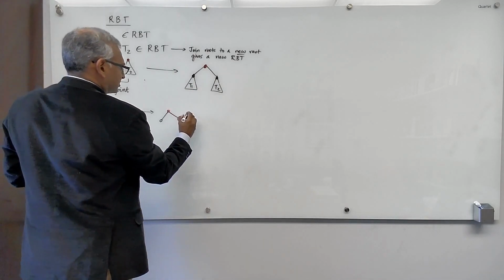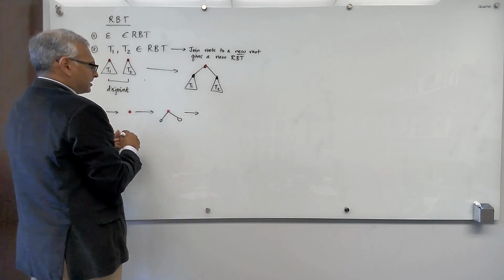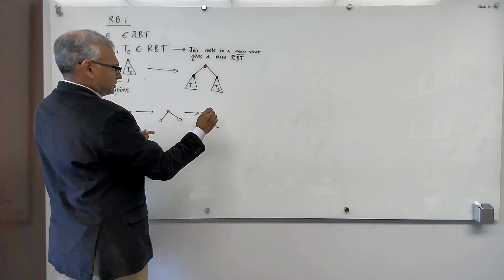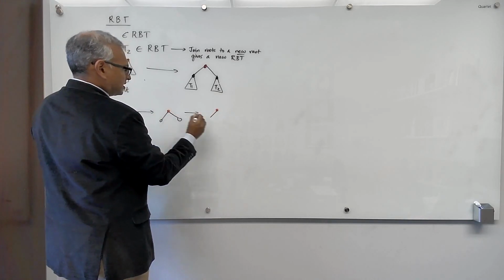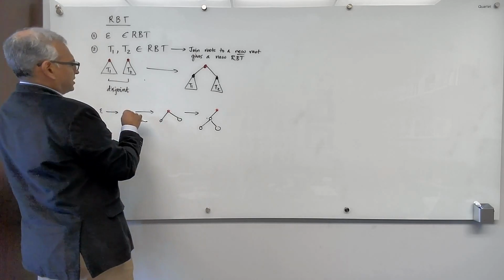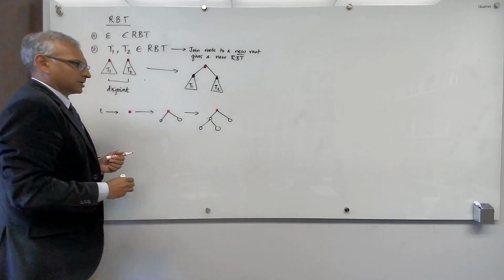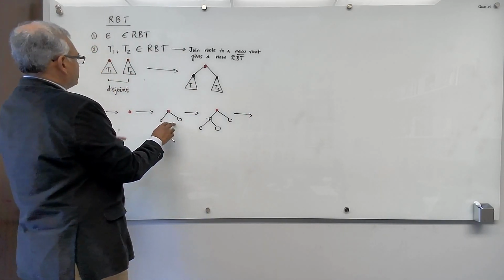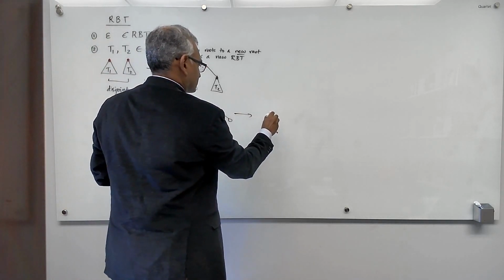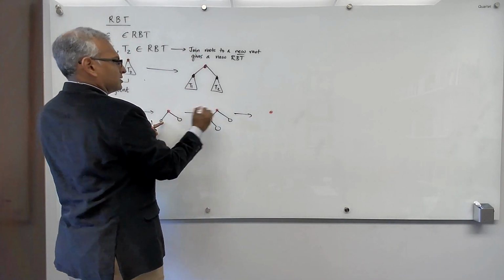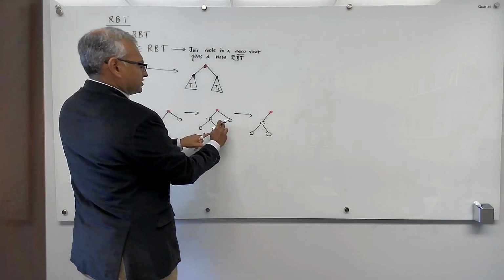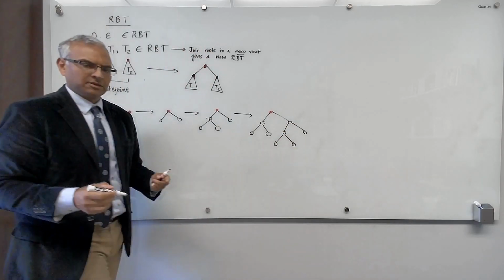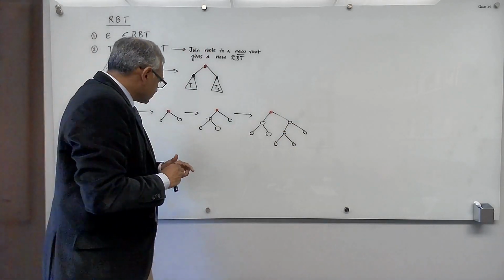From this one, we can make this T1 and this T2, and get a new root connected to this one, and connected to this one on the other side. Let's do one more. We can make this T1 and this T2. It's going to be complicated. This is T1, so that gives us this, and this is T2, so that gives us this. Wow, look at that beautiful tree.